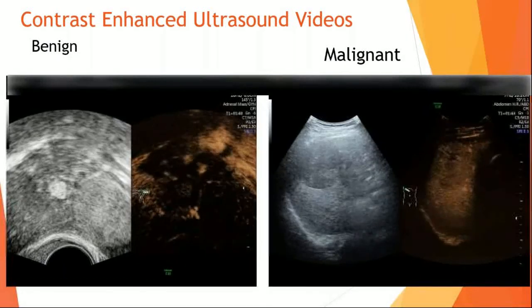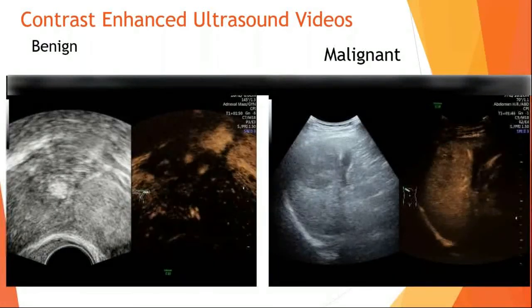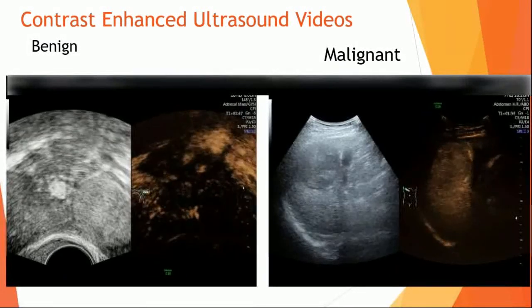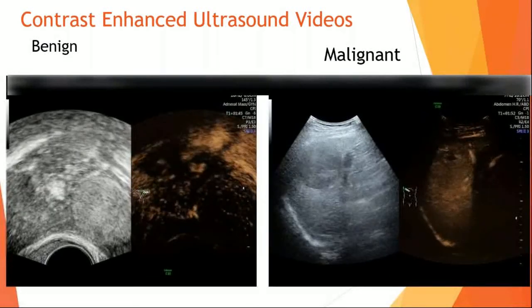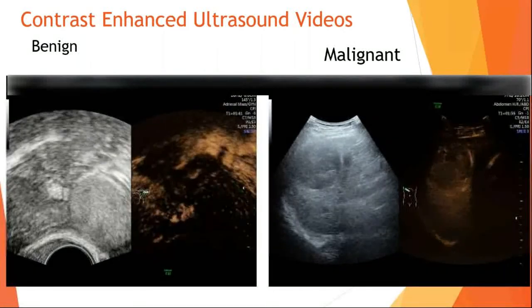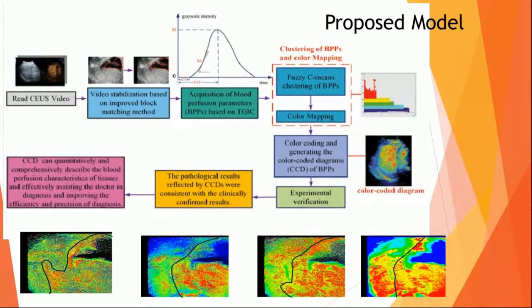So keeping this in mind, we designed a color-coded concept to help the doctors show whether it is a benign lesion or a malignant lesion. If you now look back here, you will understand it. The first step is to read the contrast enhanced ultrasound videos.